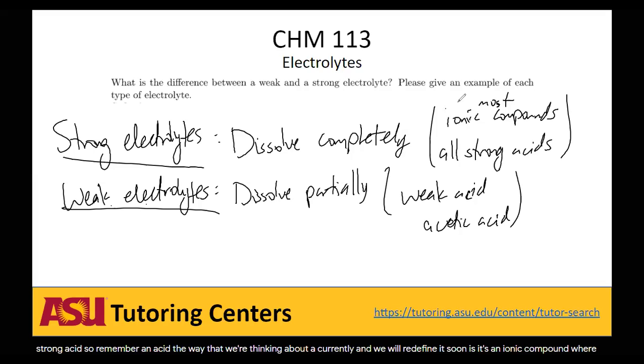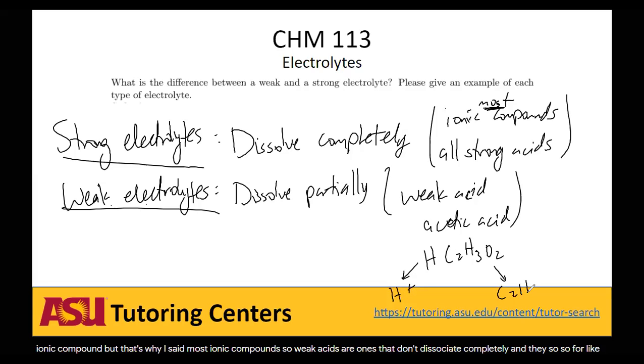Weak acids are ones that don't dissociate completely, so acetic acid, which is HC2H3O2, partially dissolves into hydrogen ions and acetate ions, but it does not dissociate entirely. There are still bits of the starting acetic acid that remain inside of the container, okay?